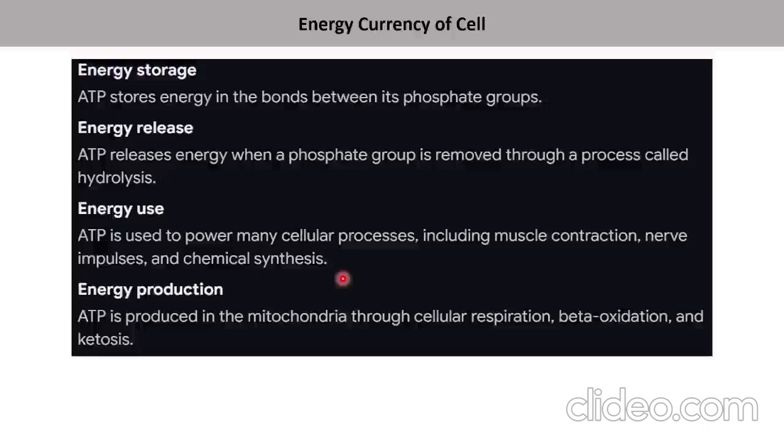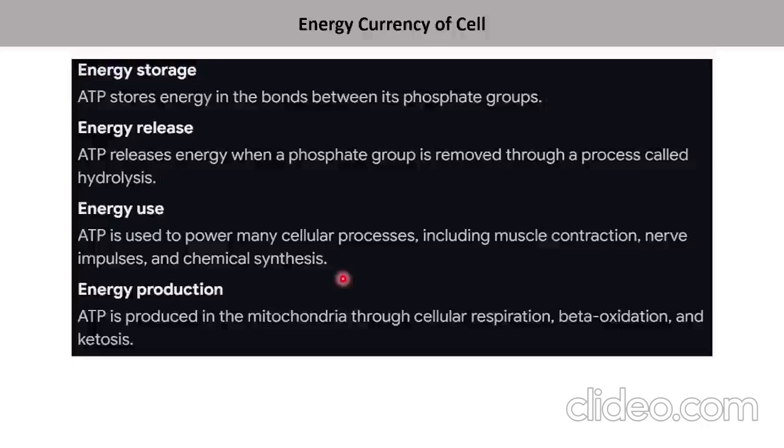All the ATP is usually produced in the mitochondria through cellular respiration. It can be produced by respiration, by beta oxidation, or by ketosis. These are the only reactions where ATP is generated in the cells.